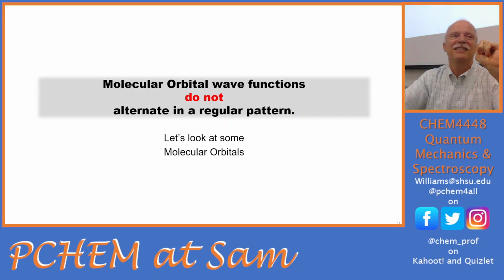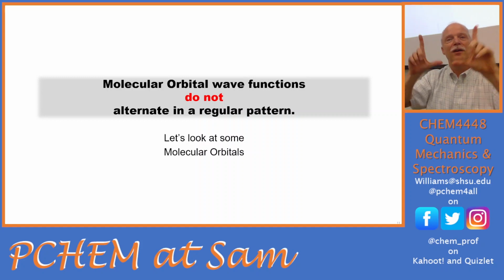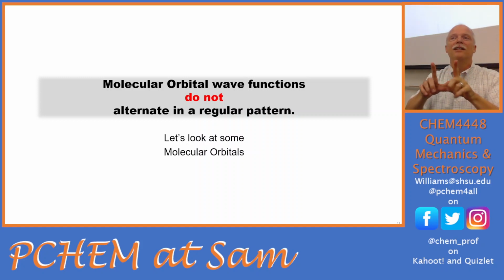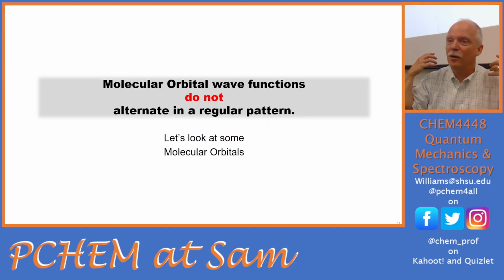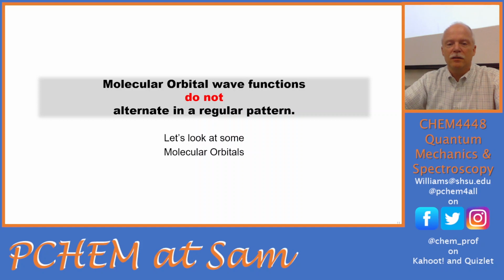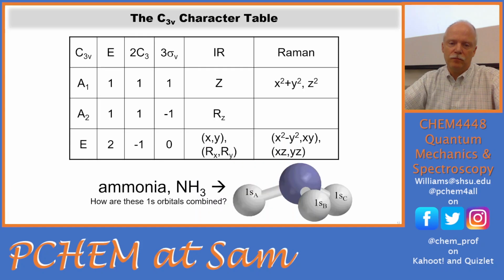So make sure you make note of that, because we learned this for vibration, but we haven't learned about MOs yet. The MOs are different. So since MOs are different, let's look at some molecular orbitals. Here we have the ammonia molecule in the C3v character table.